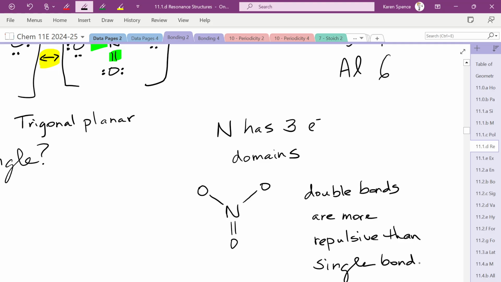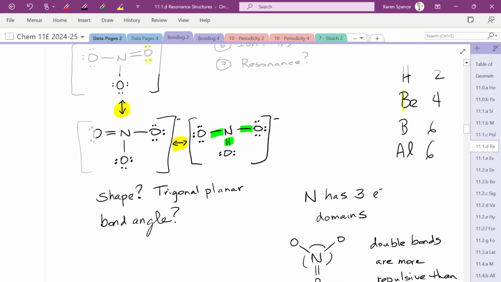So if I actually have a double bond, then this bond angle would be less than 120, and these two would be greater than 120. However, do I actually have a double bond? Yes?